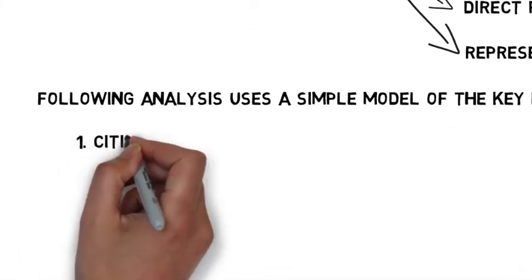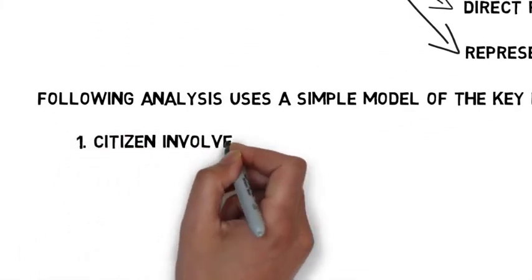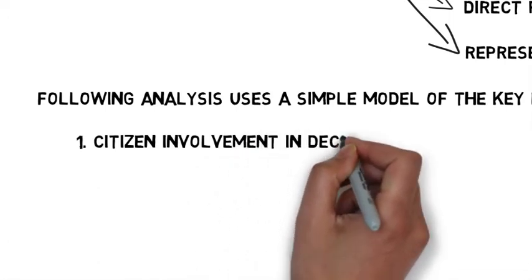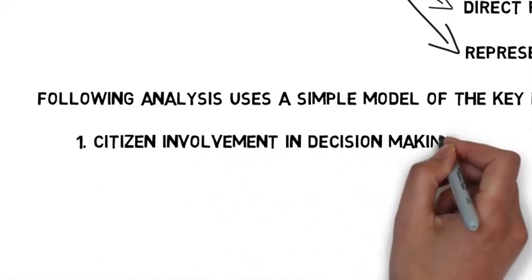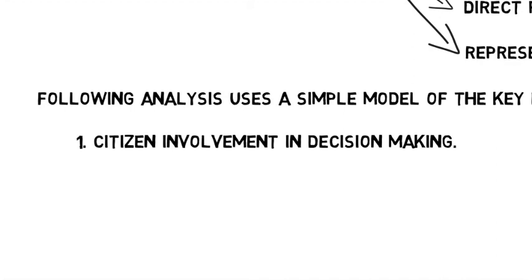Point number 1, wherein we have citizen involvement in decision making. Yes, in every democracy you'll find that it is the citizens who are involved in decision making, either directly or indirectly. Directly we have seen in the ancient time, even today in some countries where people are directly involved in the decision making.